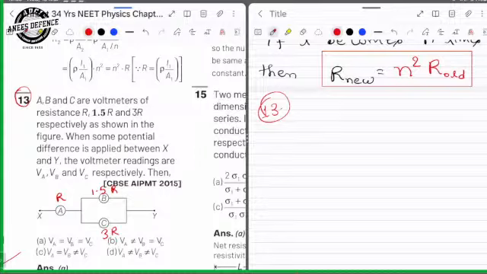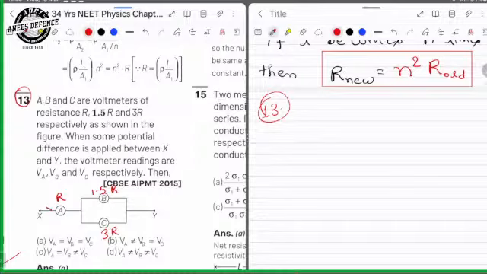Shown in the figure. When some potential difference is applied between X and Y, the voltmeter readings are VA, VB and VC respectively. Means you have to calculate voltage across A, voltage across B and voltage across C. Yes or no?